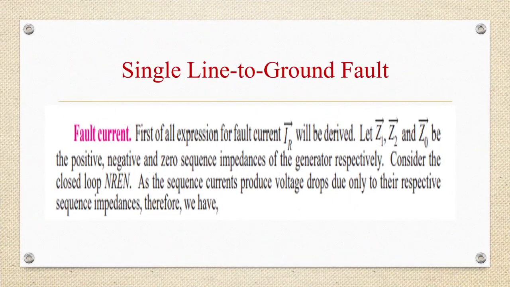First of all, the expression for fault current IR will be derived. Then we will derive the expressions for IY and IB as well, and the voltages also. So let Z1, Z2 and Z0 be the positive, negative and zero sequence impedances of the generator respectively.